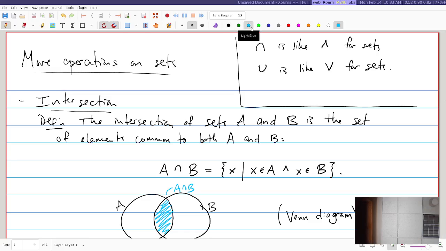The fact that the symbols go the same way helps you remember which is which. I know which symbol means and, and and means it has to be in both sets, so that's intersection. You can also think that the symbol for union looks like a U, so that helps also.